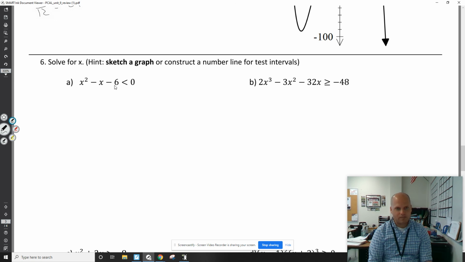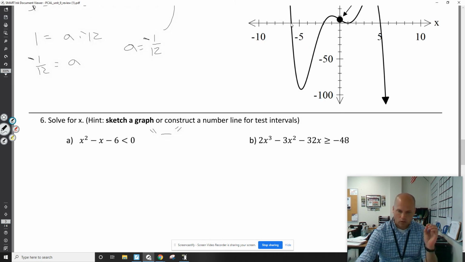When is x squared minus x minus 6 less than 0? That is when we have negative values, when we are below the x-axis. When do we have negative values is like between zero locations.